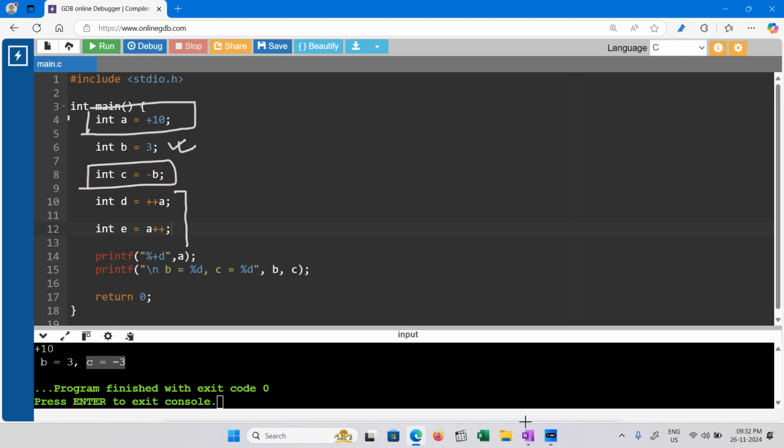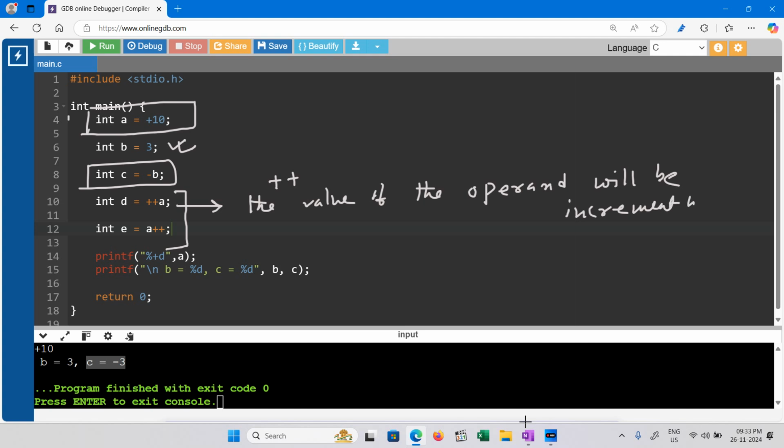Remember, whenever we use any version of the increment, for example, here I am using pre-increment, the value of the operand will be incremented by 1. It means after this particular line, the value of a, which is 10, will become 11.